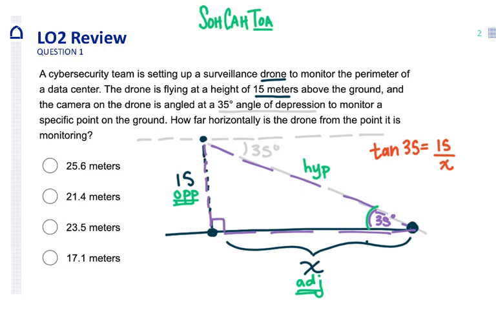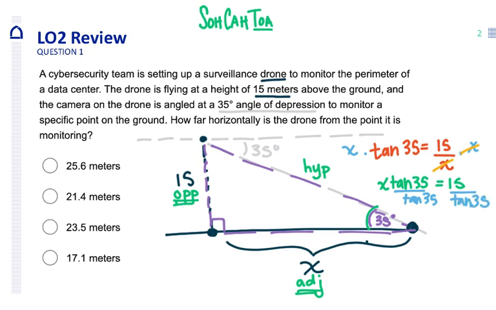So first thing I'll do is I'll multiply both sides of this equation by x. The x will cancel there, and we get that x times tan 35 equals 15. And then we will divide both sides by tan 35, so I can isolate the x variable and solve for it.